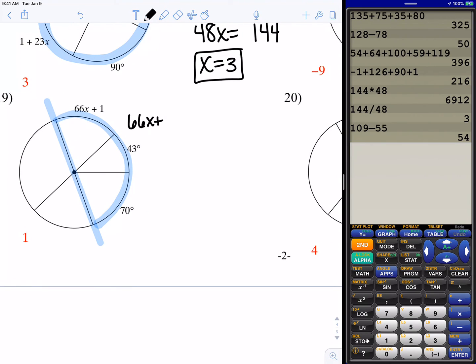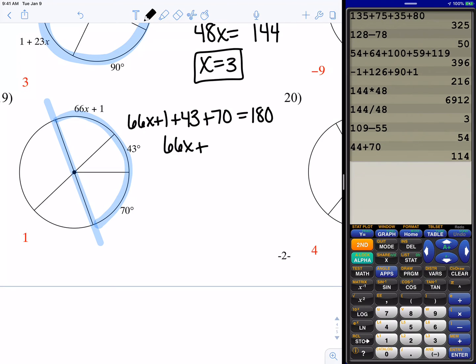I have 66x in one, added to 43, added to 70, equals 180. So that's 66x plus, when I add my like terms, 44 and 70, add up to 114. All right, I'll subtract from 180. 66x equals 66, so x is 1.